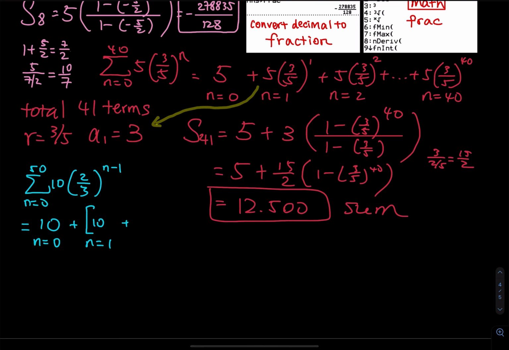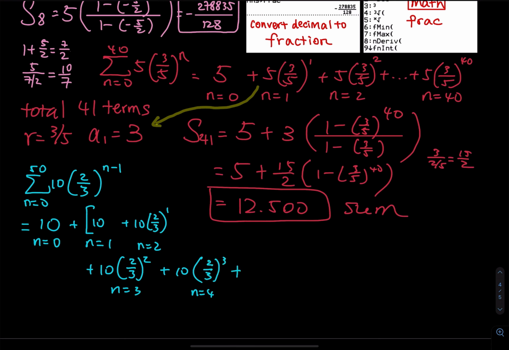And then when n is equal to 2, you have 10, and then 2 over 3, 2 minus 1. And then when n is equal to 3, 2 over 3 to the second power. And then n equals to 4, 2 over 3 to the third.